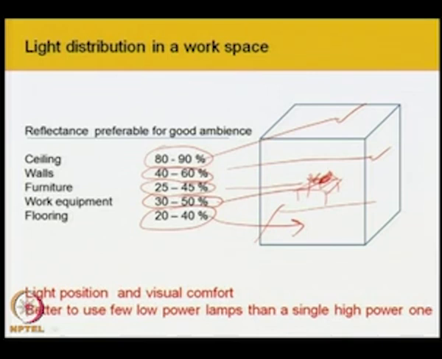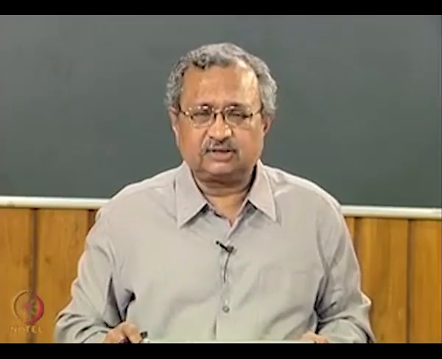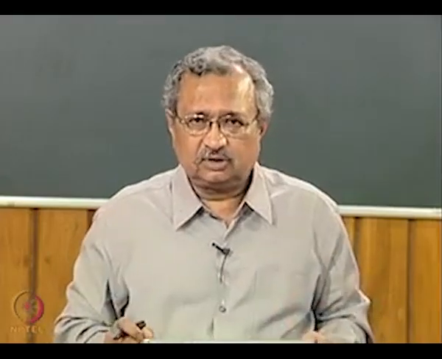Now, one question comes: why does the flooring need 20 to 40%? There is a common psychology that if the floor is too brightly lit, then we may not feel comfortable while walking on it. It gives a pseudo falling tendency, or we may not feel that our foot is well placed or well grabbed on the floor.